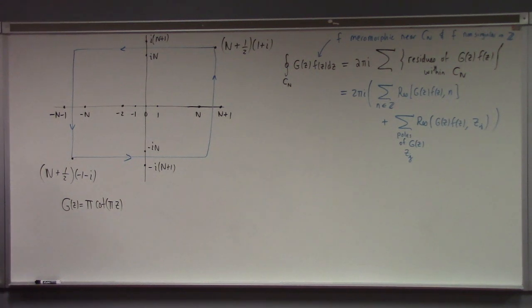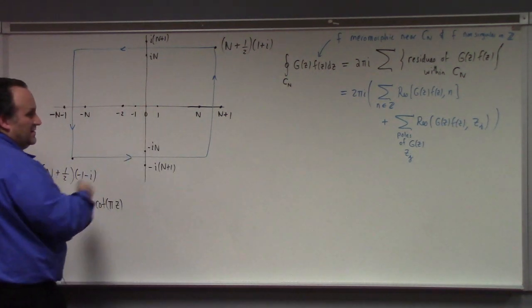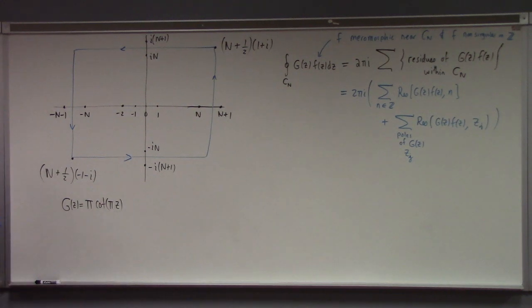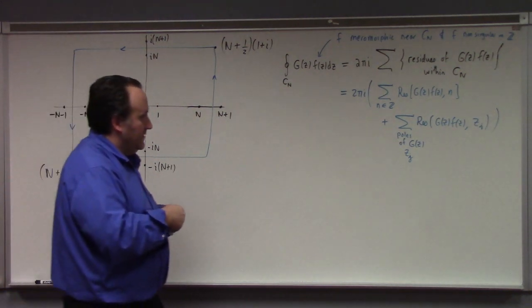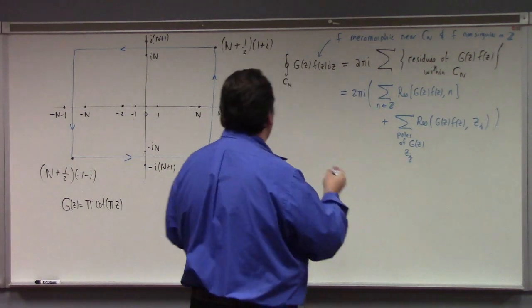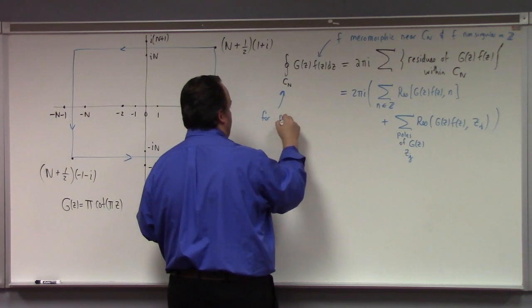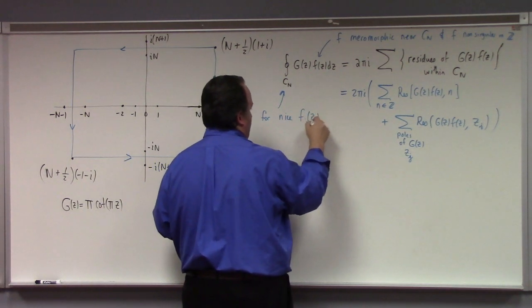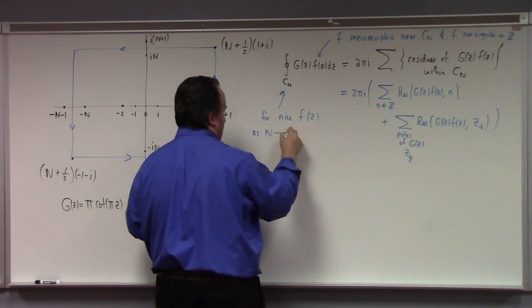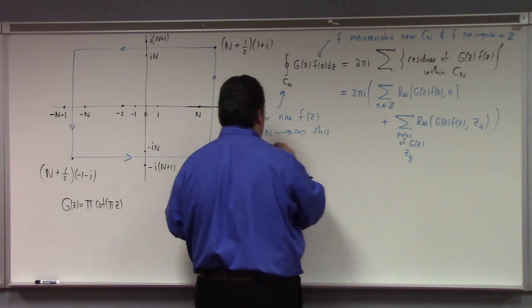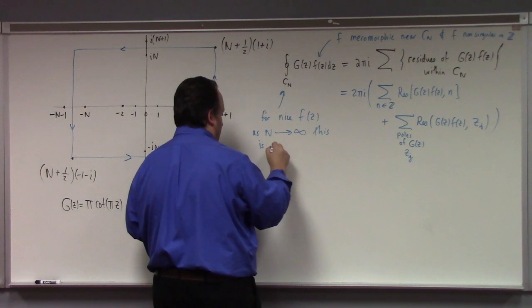Now here's the really cool part. If the meromorphic function is also chosen in such a way that it's bounded in a nice enough way on that square, then what we're able to do is to argue that for nice f of z, as n goes to infinity, this is trivial.